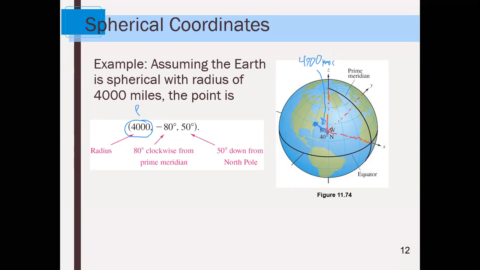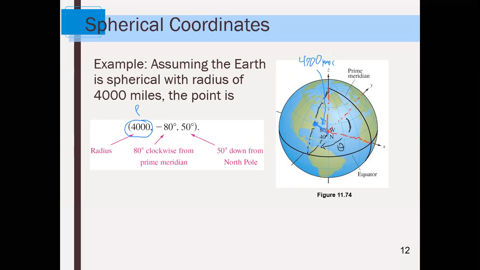Then you say, well, how do I measure the angle that this makes? This angle right here, because that's basically theta. Well, theta is positive if you're up here, yes?